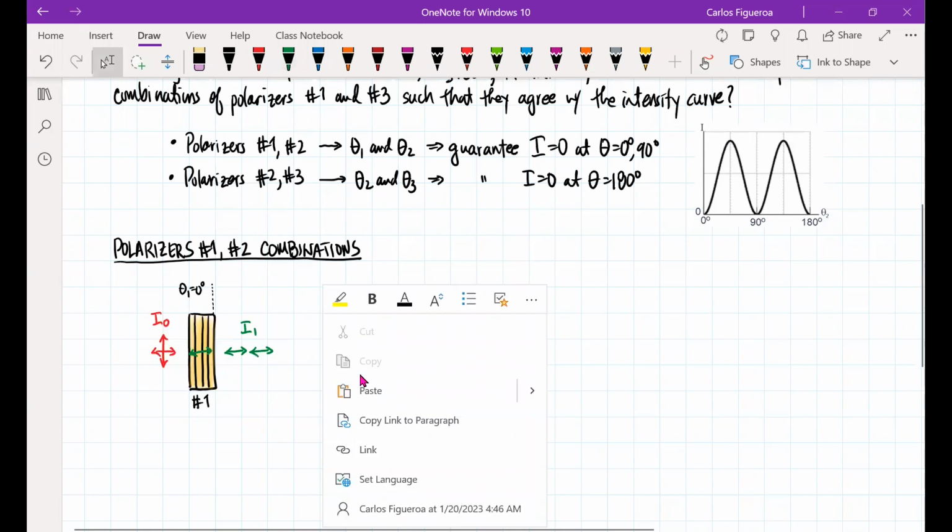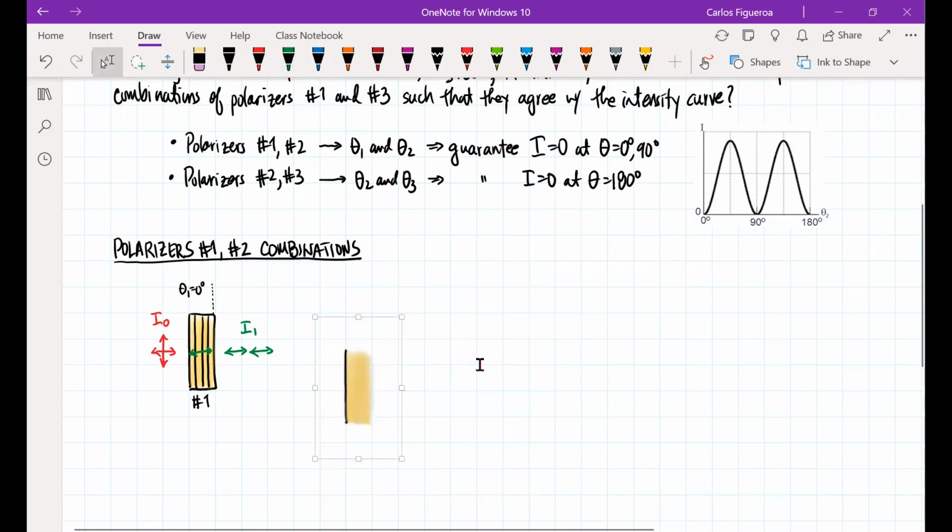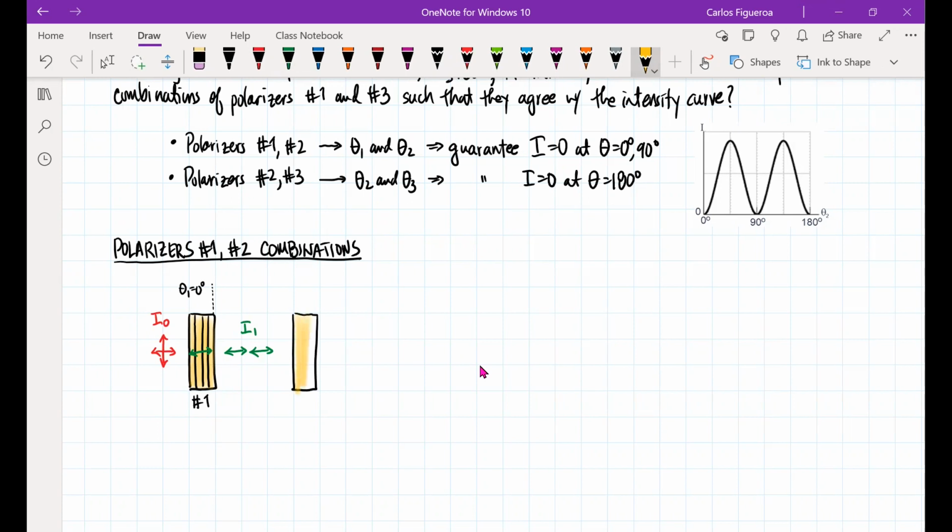Now let's draw in the next polarizer. Whoops, I'll have to draw it by hand again. I'm going to go from here, and it's going to look like this. In order to have the intensity be 0 at 90 degrees, I have to filter out this horizontally polarized light, so I'm going to make this a horizontal polarizer like that.